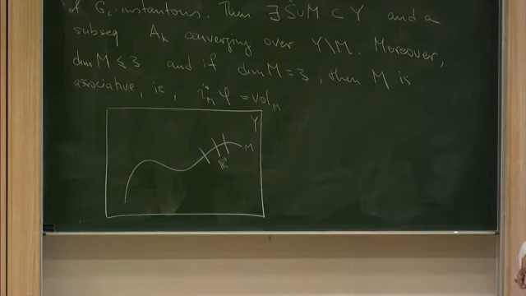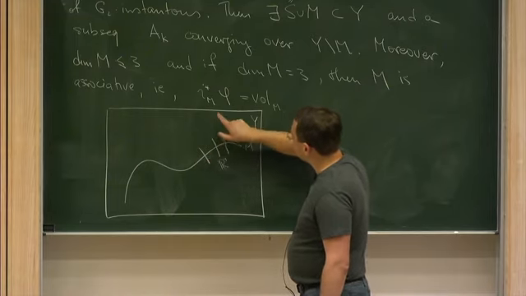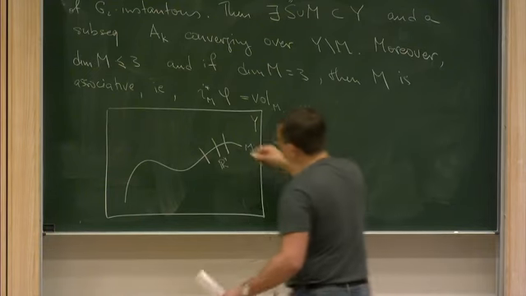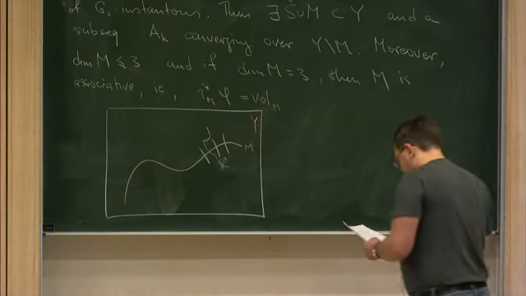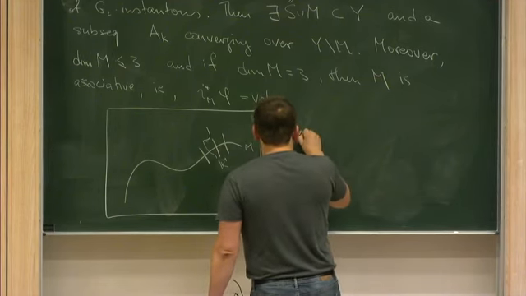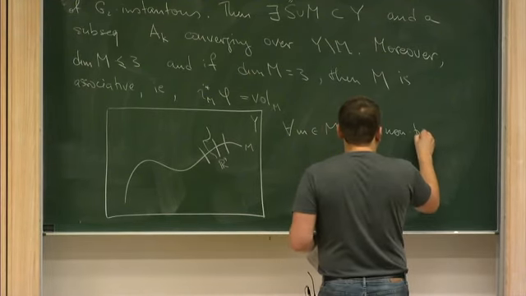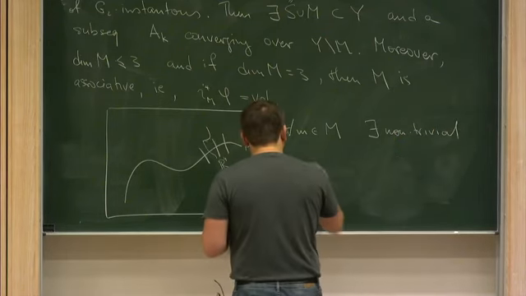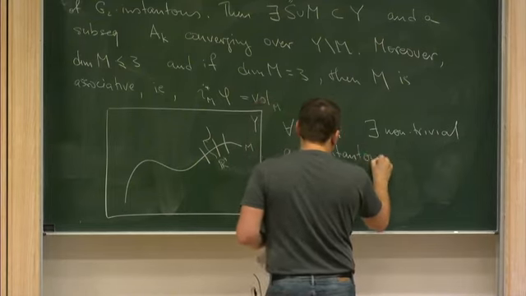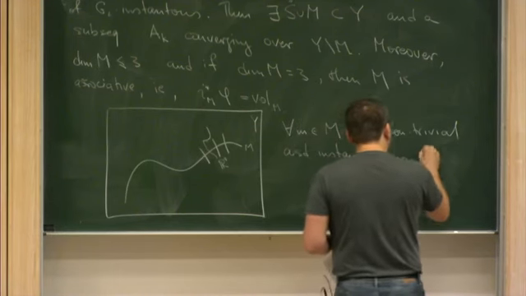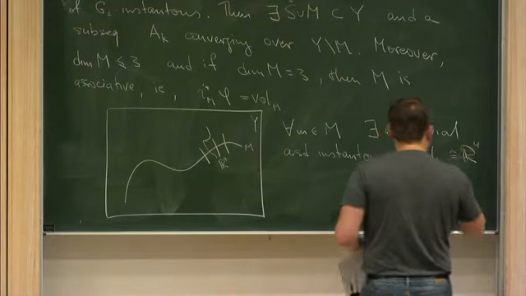And Tian shows that on each normal space you have an ASD instanton. So let me write this. For each point m in M, there exists a non-trivial ASD instanton on the normal fiber to M, which is R^4.